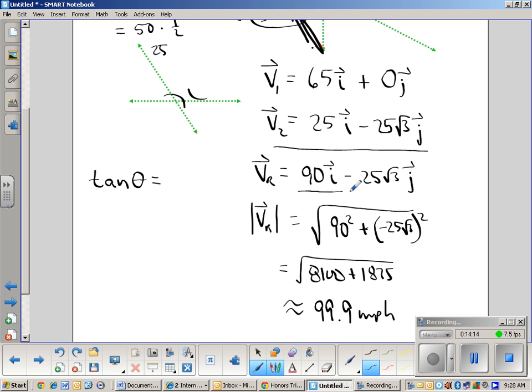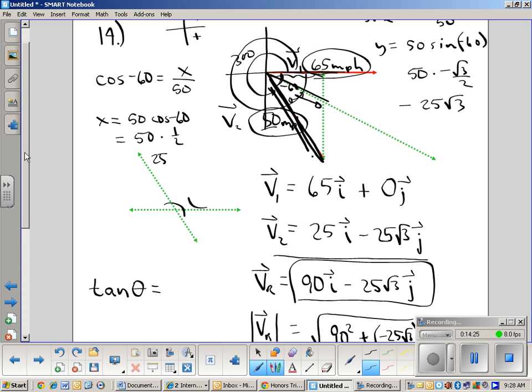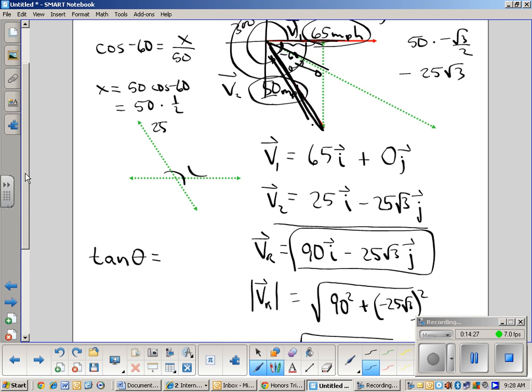These are my X and Y coordinates of my vector. Okay? And so what that means then is if I completed that, my Y component is actually this right here.